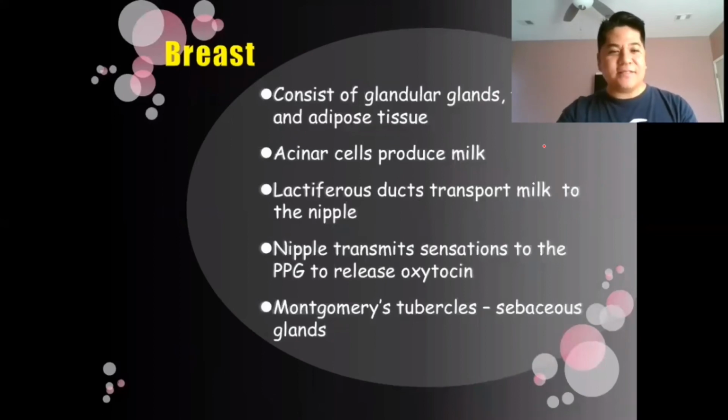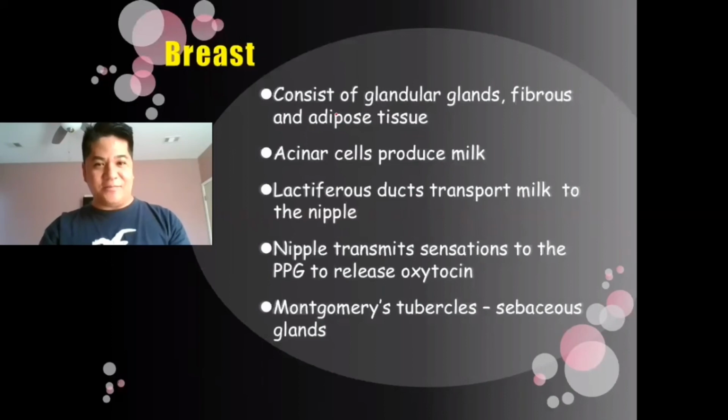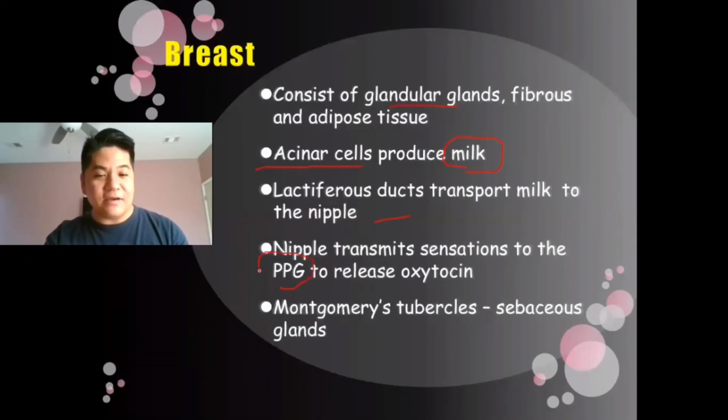Okay, now the breast is also an external part, because it is needed for supplying milk or nourishment for the baby after the baby was delivered. So it has glandular tissue and adipose tissue. The more adipose tissue it has, the bigger it is. It has the acinar cells that produce milk for the baby, lactiferous ducts that transport milk to the nipple, and the nipple transmits sensation to your posterior pituitary gland to release oxytocin.